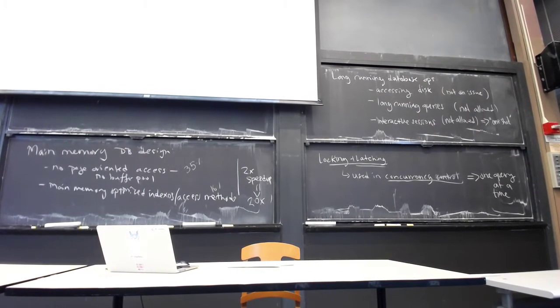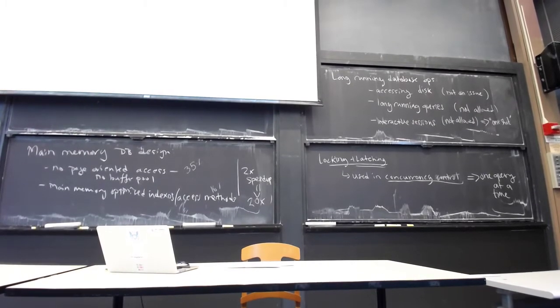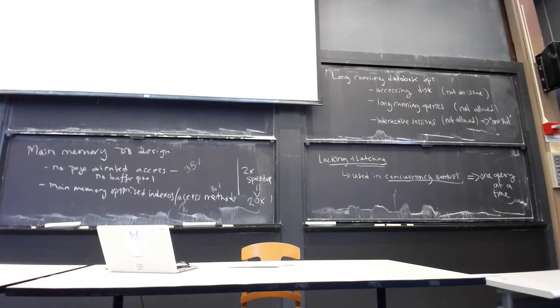The observation we had in this paper is an interesting one, although there are some flaws with it. I'll talk about a few of the flaws now, and we'll come back later and revisit this kind of design. But the observation we had in this H-Store system was that you could deal with the fact that you want to use multiple cores by logically splitting your database into a bunch of little databases.